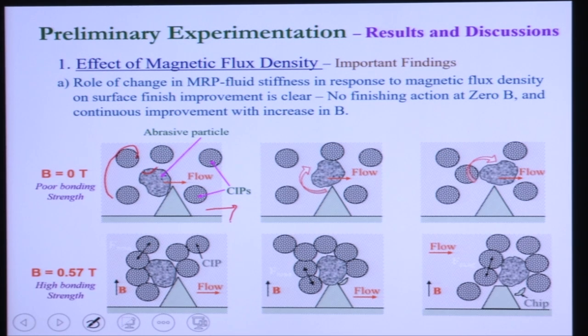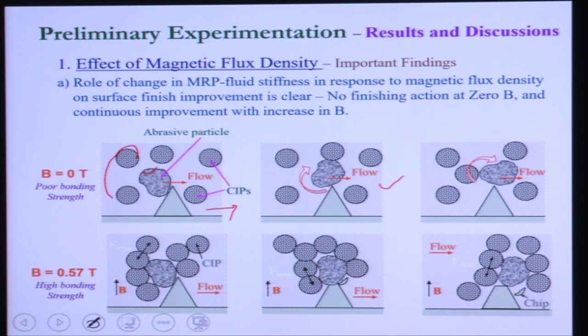When there is a surface peak and an abrasive particle comes into contact with it, because there is no bonding strength, the abrasive particle will try to rotate here as the flow is there.